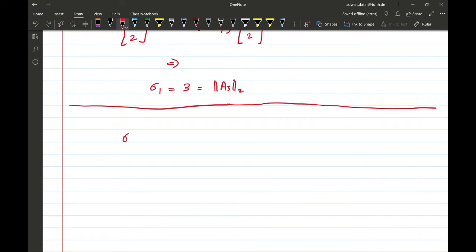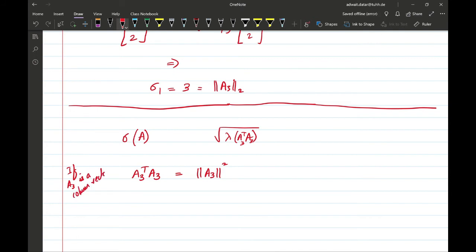Singular values of A are square roots of the eigenvalues of A transpose A. Now if A3 is a column vector, A3 transposed A3 is nothing but the norm of A3 squared, which is just a scalar, and the eigenvalue of a scalar is the scalar itself.